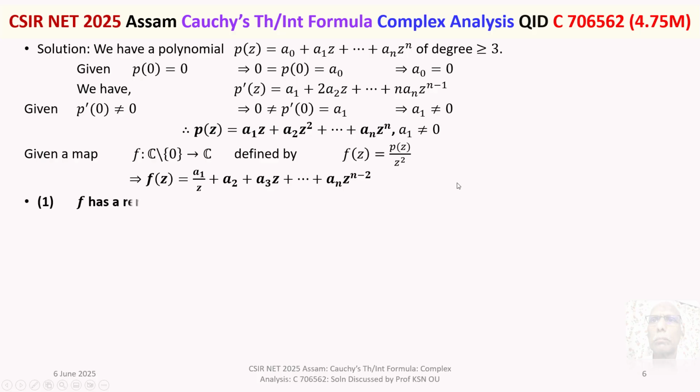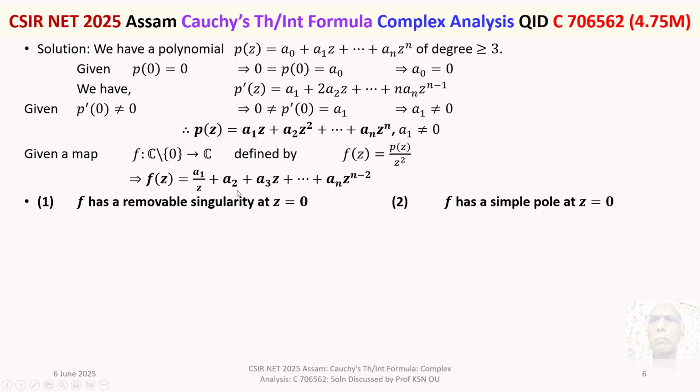Now, let's answer the options. Option 1, F has a removable singularity at Z is equal to 0, and option 2, F has a simple pole at Z is equal to 0. If you see F of Z, A1 by Z plus A2 plus A3Z plus AN Z to the power of N minus 2, it's very clear that Z is equal to 0 is a simple pole.